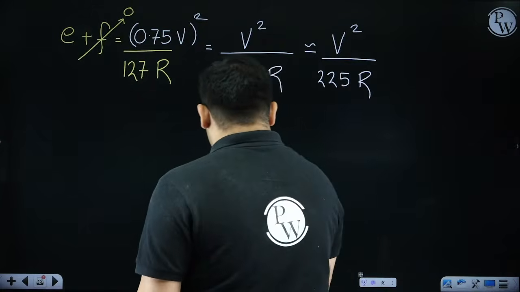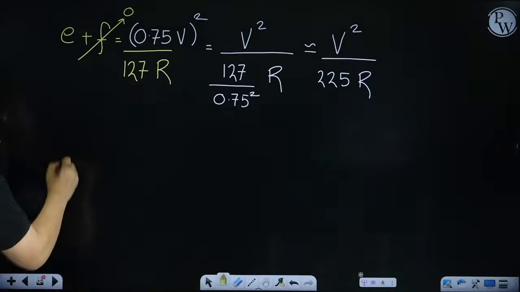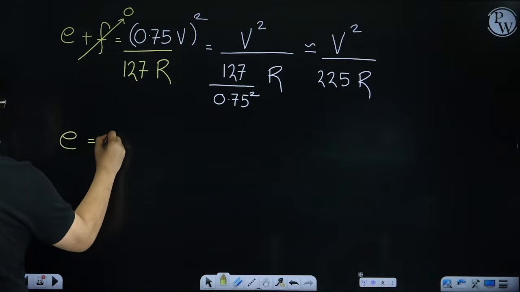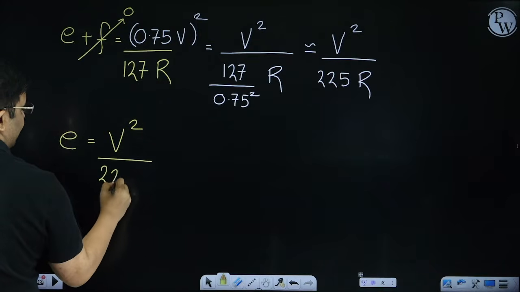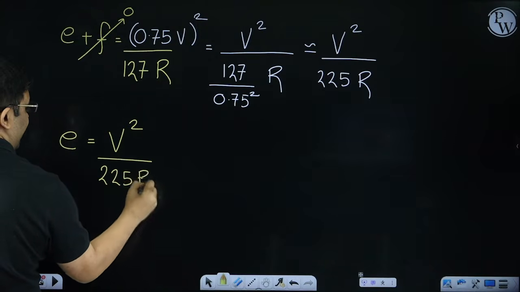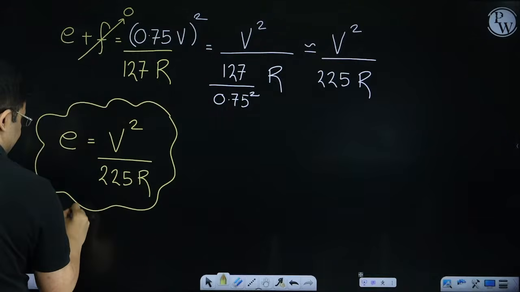So as per IRC recommendation, the changed equation is E is equal to V square by 225R.